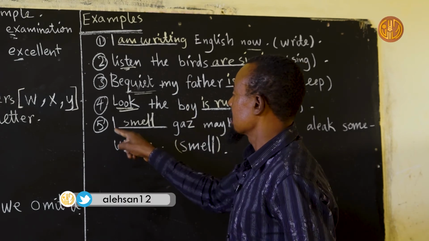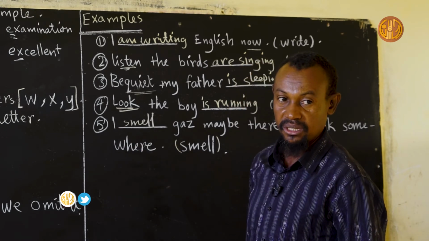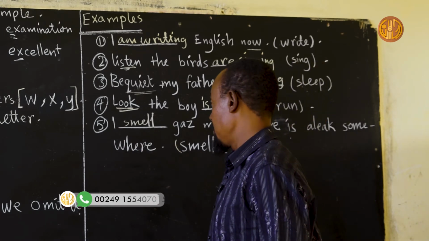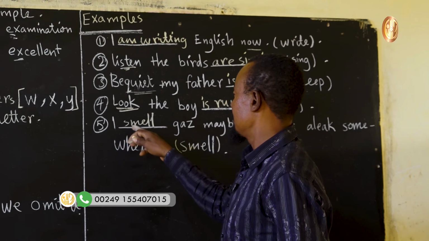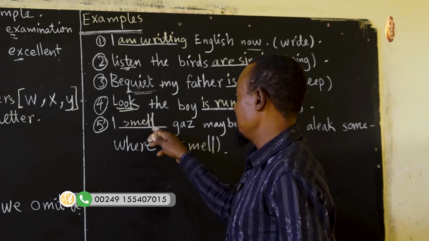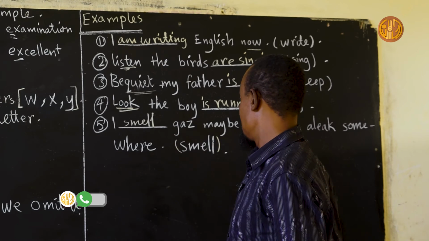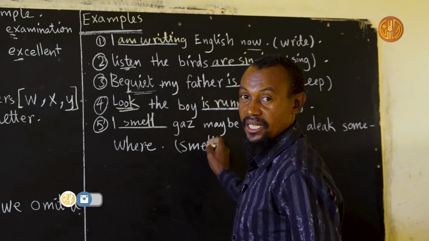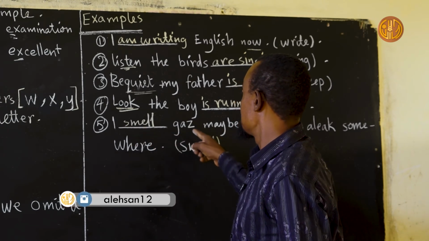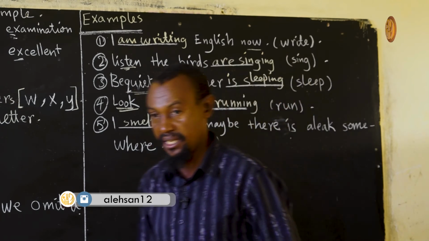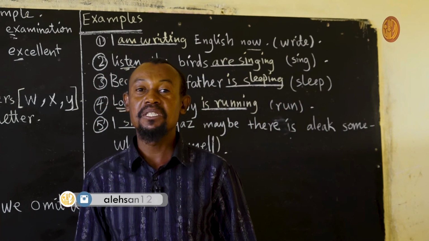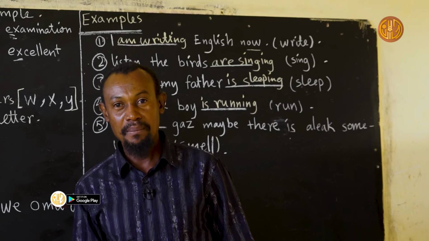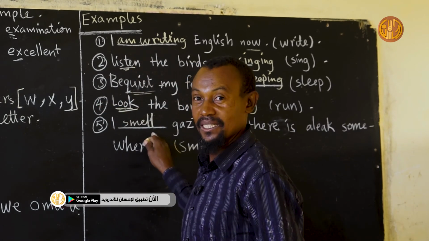If here the subject is one of the third person, she, he, it, or a singular noun, you write the verb infinitive or by adding s to the verb, so here you say I smell gas. You do not say I am smelling. I am smelling is wrong, but I smell is right.